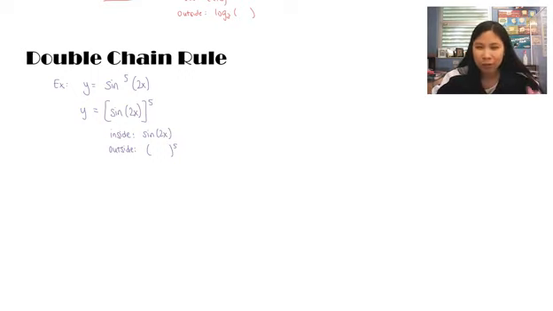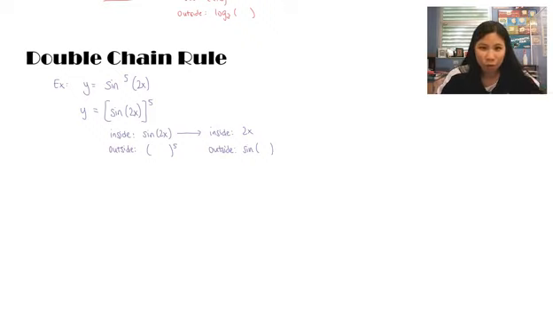Okay, so that's all fine and dandy for now, except my inside stuff has more outside inside. So for the sine of 2x, the inside is 2x, the outside is sine of that stuff. Okay, but then from there, that's it. So we have 2 sets of the outside insides because of the double chain rule.